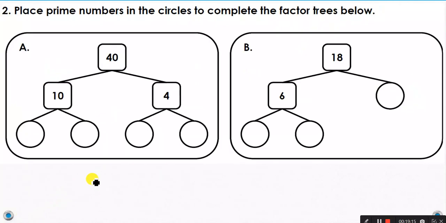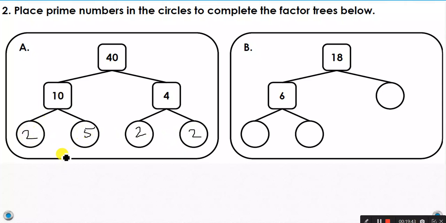Let us do another question. Place a prime number in the circle to complete the factor tree below. 40 divided by 10 is 4. 4 divided by 2 is 2. So we put here 2 and 2. 10 divided by 2 is 5.